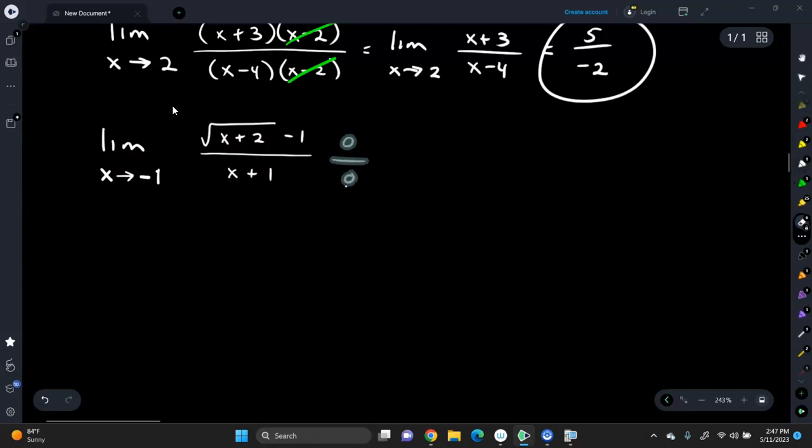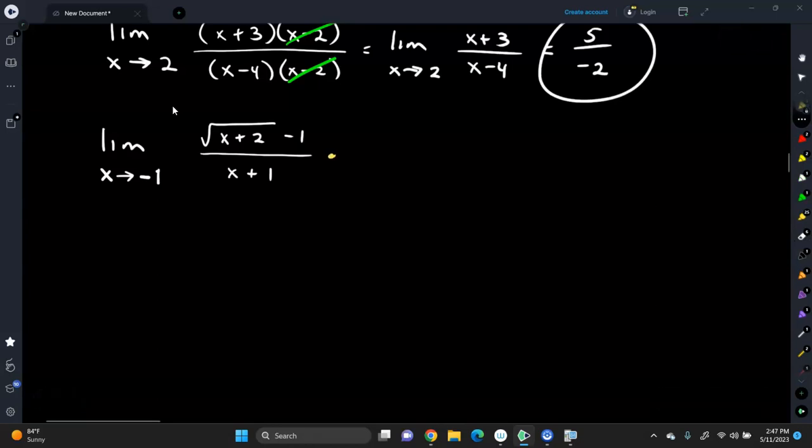Okay, we're going to rationalize the numerator. Sorry about that. We've got the square root of x plus 2 plus 1 over the square root of x plus 2 plus 1.